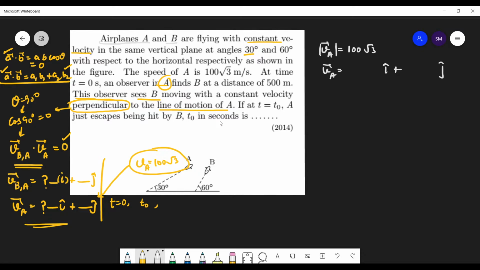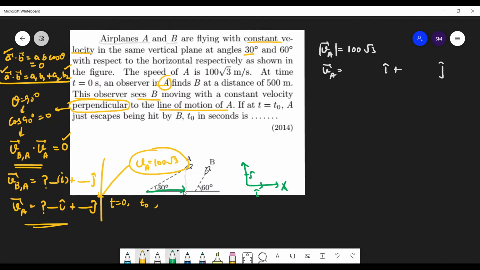If you resolve the component along this 30 degrees, this is the x-axis, I cap, and that's j cap.